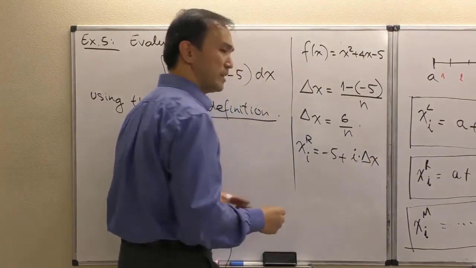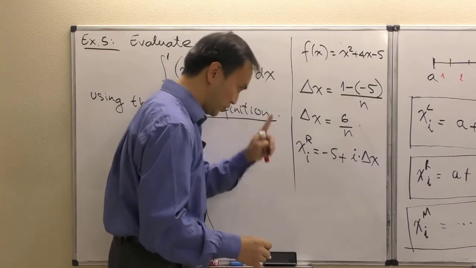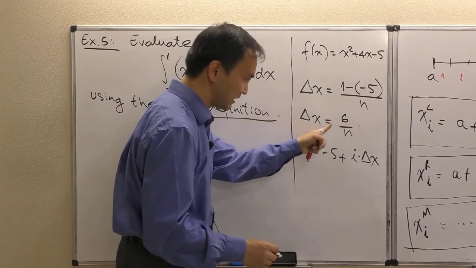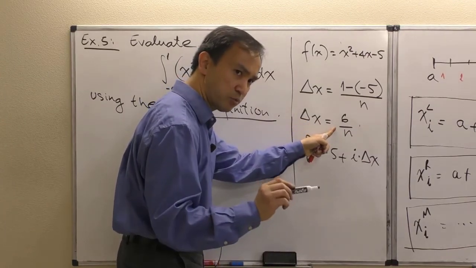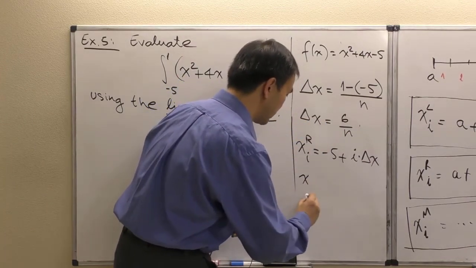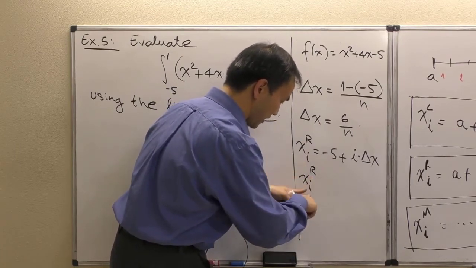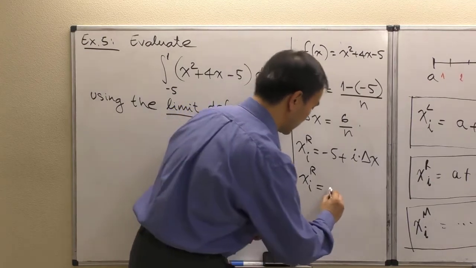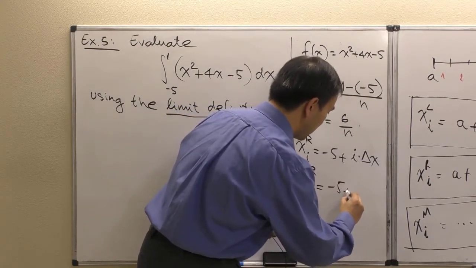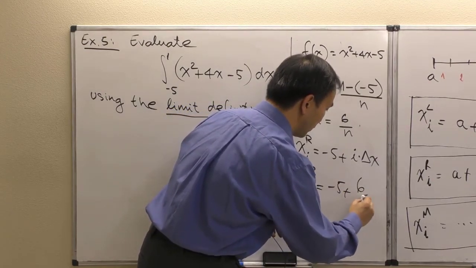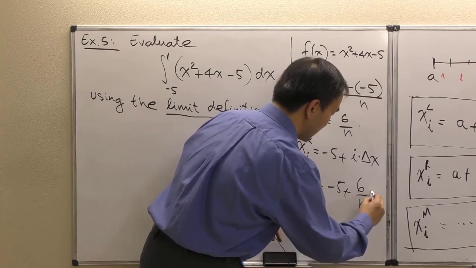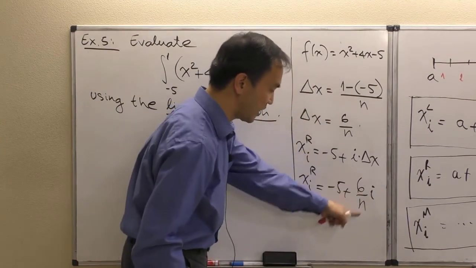Specifically in this problem, we already have a final expression for delta x, so let's substitute it in. The right endpoint x_i in any ith interval is going to be -5 plus 6 over n, that's delta x, times i, or you can write it as 6i over n.